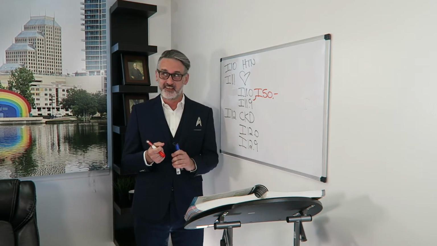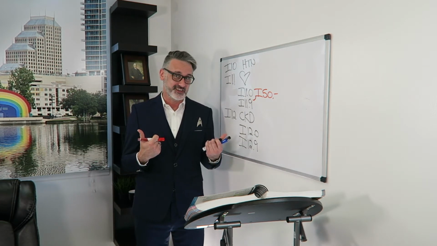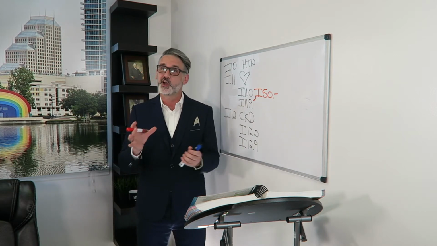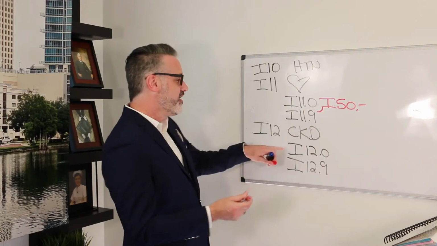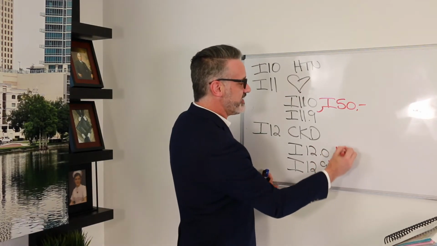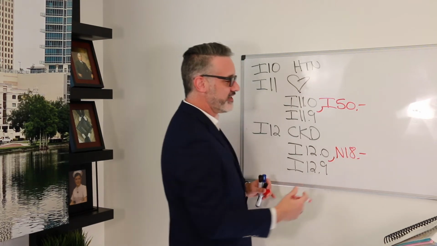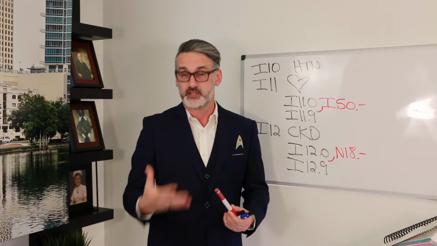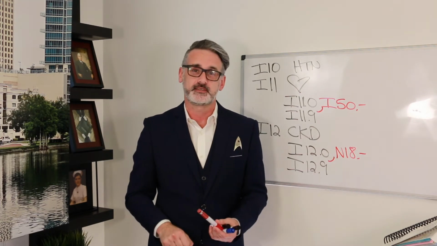I got a secret, it's stage 5 or ESRD, I ain't gonna tell ya. So we need additional code to specify which one of it is. That's why we have the I12.0, and then we'll use the additional code in the N18 range, in this case either N18.5 for stage 5 CKD or N18.6 for ESRD, end-stage renal disease.